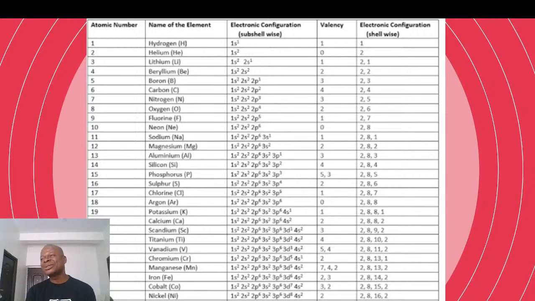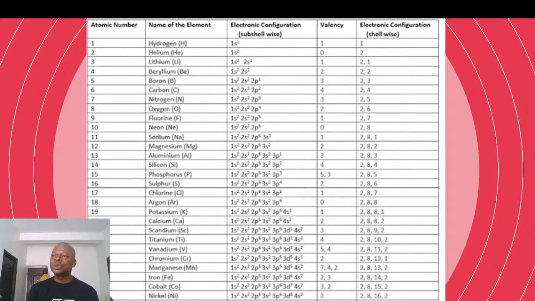That is the number of electrons in carbon. In the shell configuration for carbon, you get 2 at the K shell, then 4 at the L shell, giving you a valency of 4, because 4 is the number of electrons at the outermost shell. That's why the valency is 4.